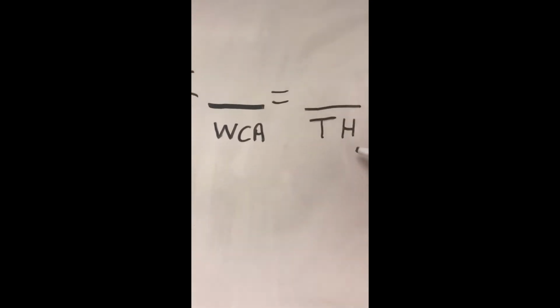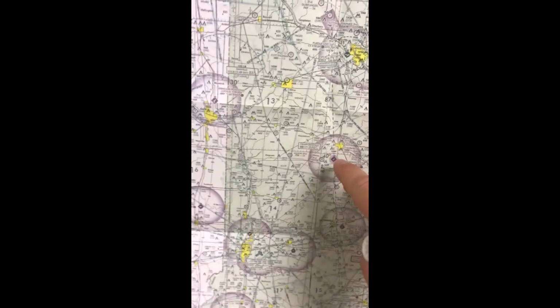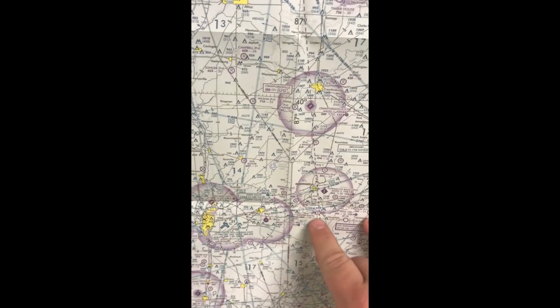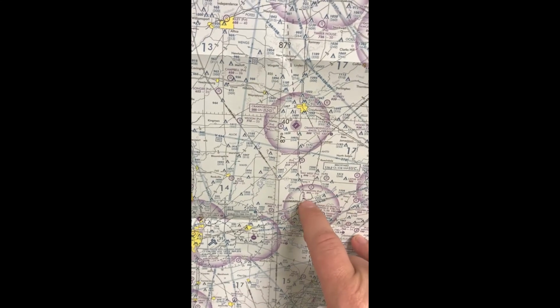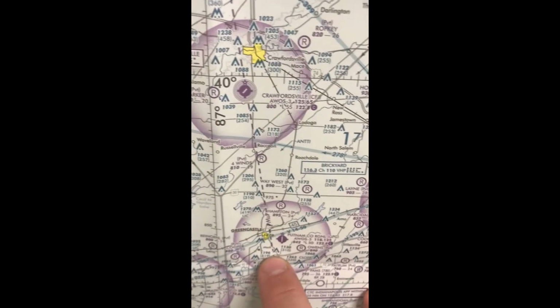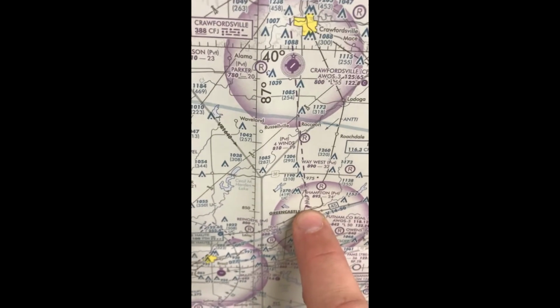Once we get that true heading, we need to start converting it over to magnetic. In order to do that, we need to look at those isogonic lines we talked about. If you look in the vicinity of Terre Haute, we find that magenta line, the isogonic line for the particular region that we're operating in. When we look at that isogonic line, we get a correction factor of 4 degrees west.